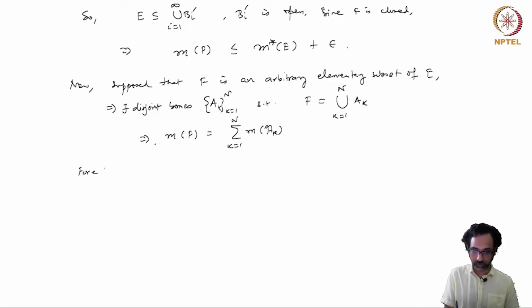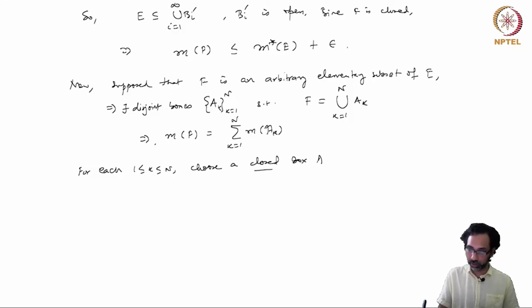So for each k between 1 and n, choose a closed box Ak prime inside Ak such that we have the measure of Ak prime is greater than or equal to the measure of Ak minus epsilon by n.